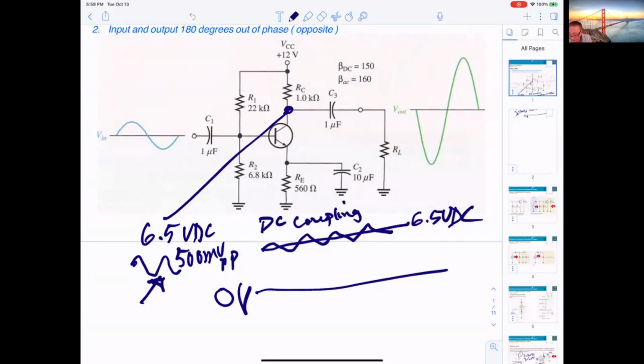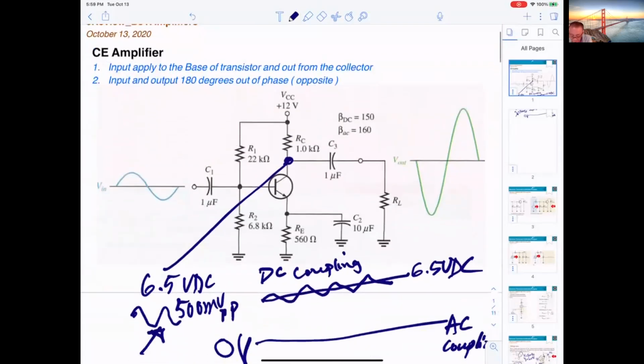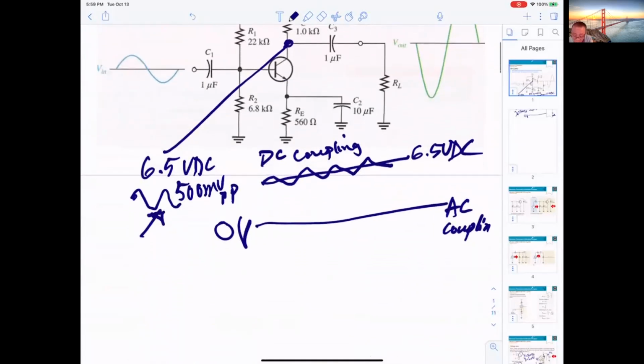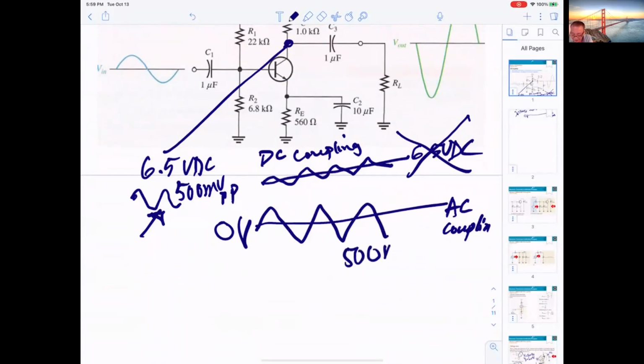What happens if you set it to AC coupling? When you set AC coupling, the scope will just remove the DC, and now you see the 500 millivolt peak to peak. That's why you're able to measure.